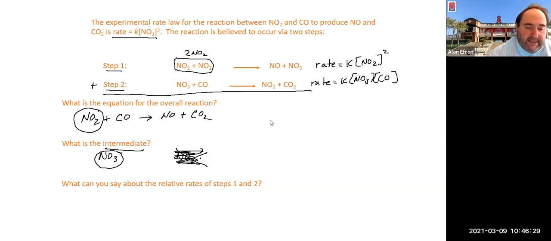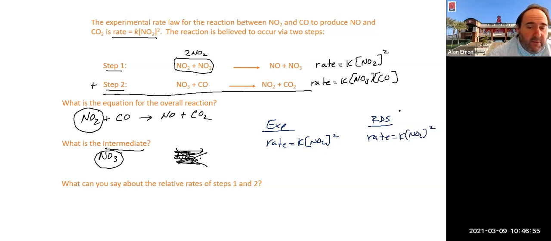The experimentally found rate law is rate equals k NO2 squared, which means the rate determining step should have a rate law that matches that identically, NO2 squared. When we look at each of the steps, step number 1 has that exact same rate law.